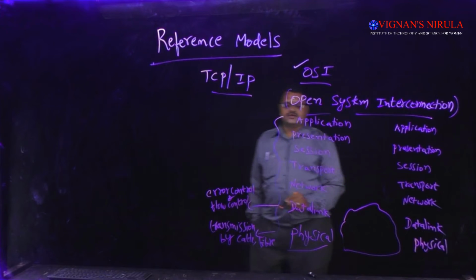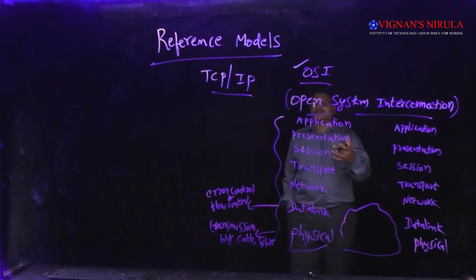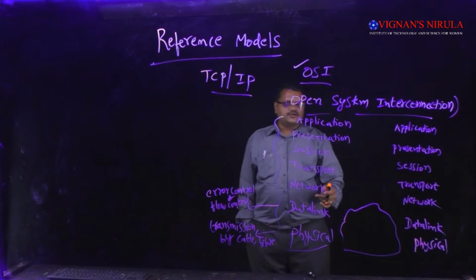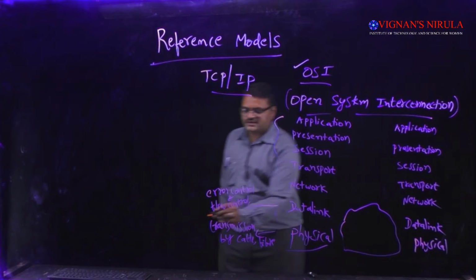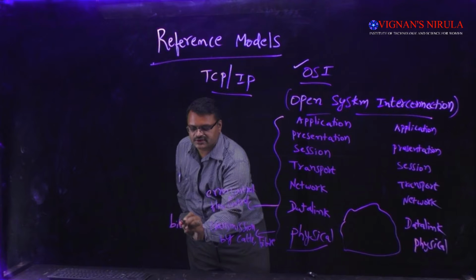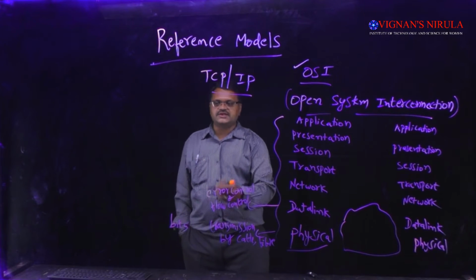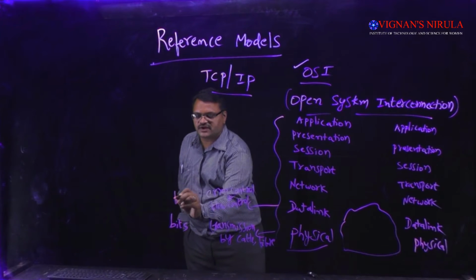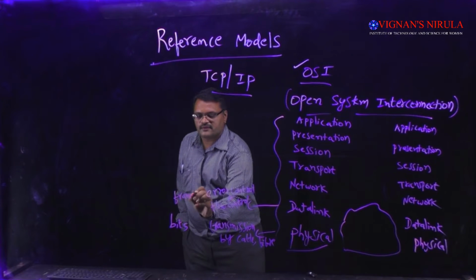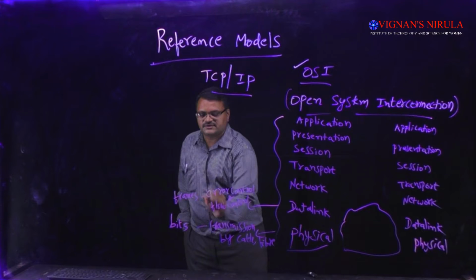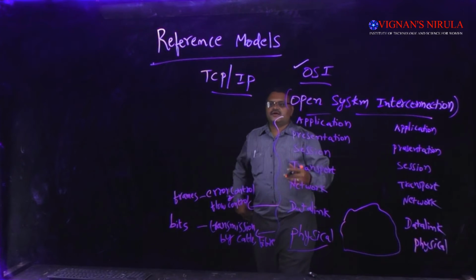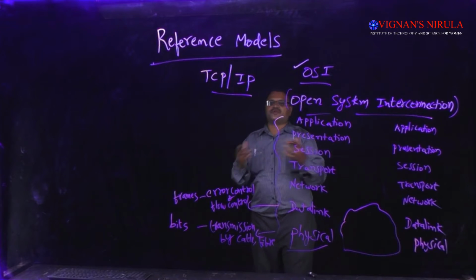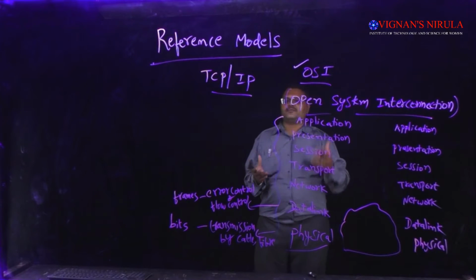The purpose of the data link layer is that it accepts the bits. Physical layer deals with bits, and data link layer deals with frames. That means it accepts the bits from the physical layer and prepares the information it receives into frames, with the beginning of the frame and the end of the frame.